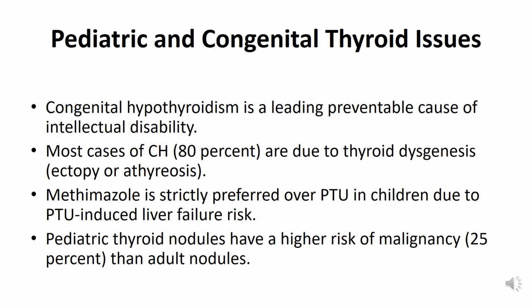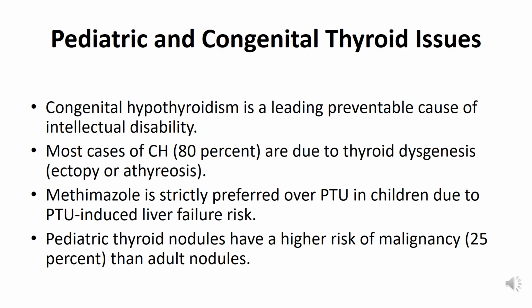Some cases have progressed to fulminant hepatic failure requiring liver transplantation. Because of this serious risk, propylthiouracil is generally avoided in pediatric hyperthyroidism except in very limited situations. Methimazole is considered safer and is usually the first-line thionamide for children and adolescents.